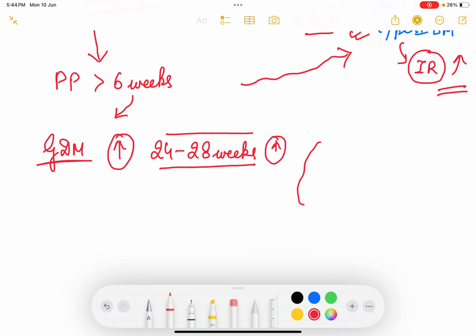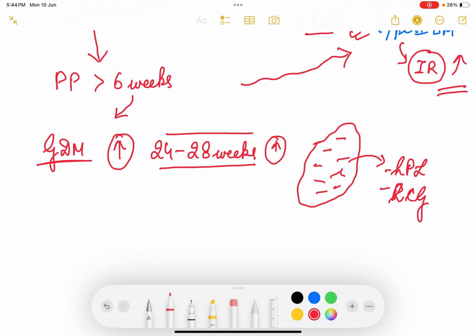This is because the placental mass is maximally developed at 24 to 28 weeks of gestation, and so your secretion of human placental lactogen and human chorionic gonadotrophin and your cortisol and everything will be highest during this time. So insulin resistance is also highest at 24 to 28 weeks.